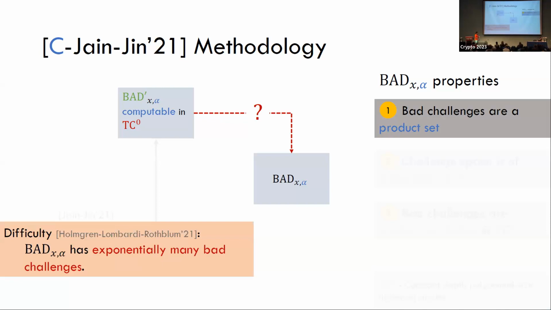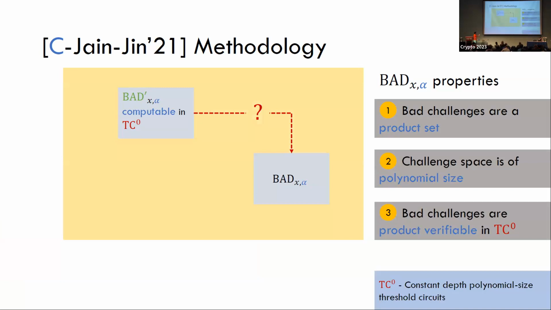Unfortunately, there's some difficulty in going from computability to this set here. And this mainly comes from the fact that these bad challenges are a product set, and as I've already mentioned, you can have exponentially many bad challenges. This was observed in this work of Holmgren, Lombardi, and Rothblum. It's basically that you can't do tricks like randomly guessing the bad challenge because there's just too many of them.